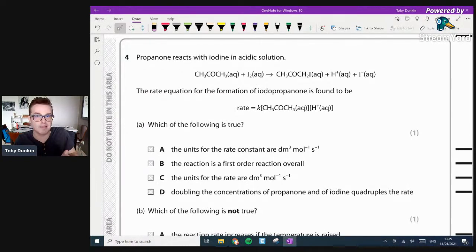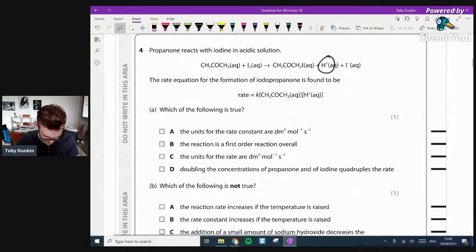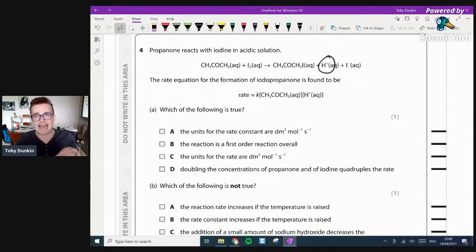You take samples, you quench it to get rid of the catalyst, which is H+. That stops the reaction, and then you can titrate to find the concentration of iodine. And when you're doing the titration, what you do is you always add starch in there to provide the blue, and then you can titrate with thiosulfate to find out its concentration. It's a very common reaction at A2, especially in Edexcel IAL.